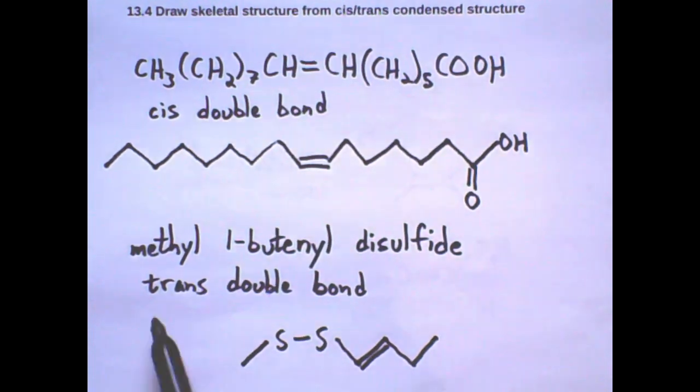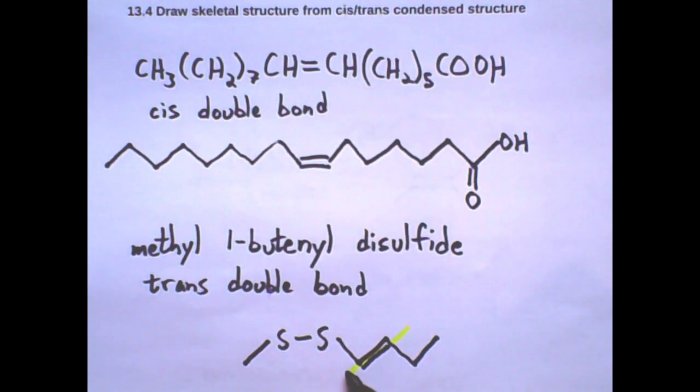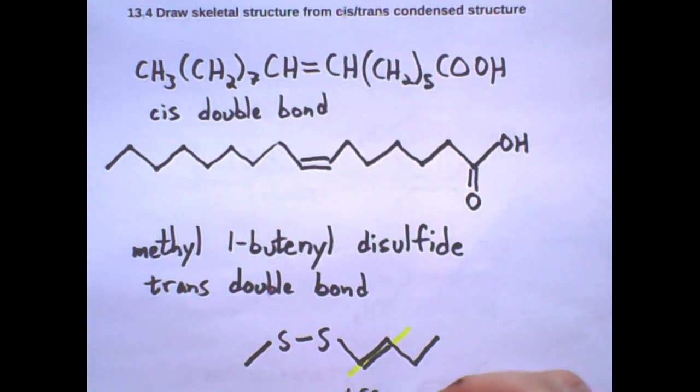Now I'm going to look back. It says trans. So I need to double check if it's trans and redraw it if I did it wrong. Along this double bond, the S is on one side, this ethyl group's on the other. Those are opposite to each other, so this is trans.